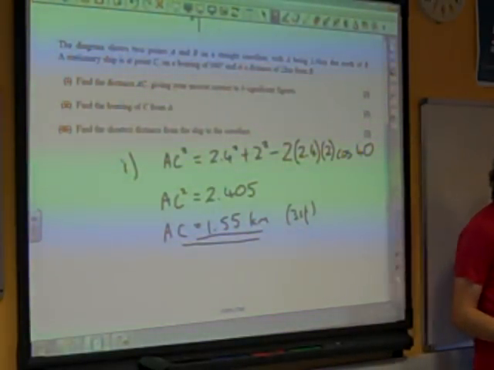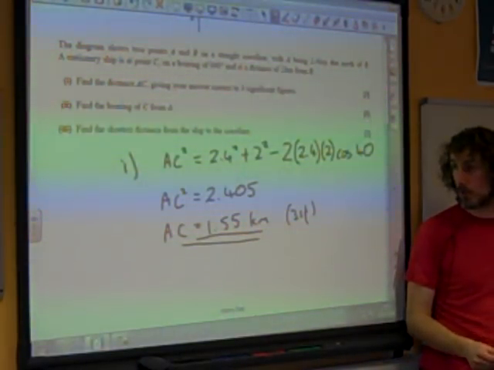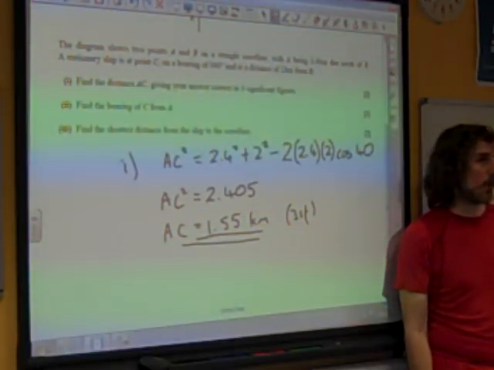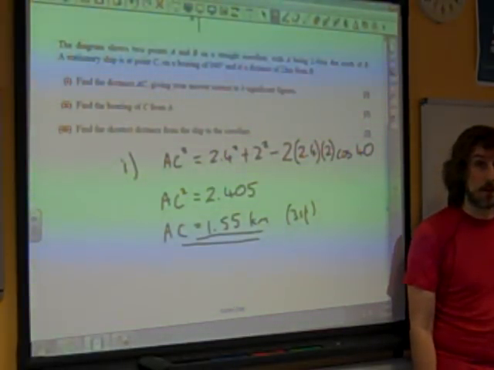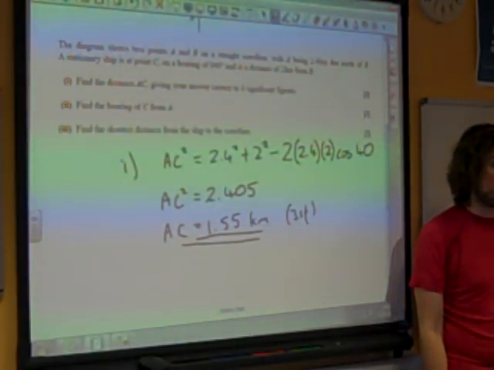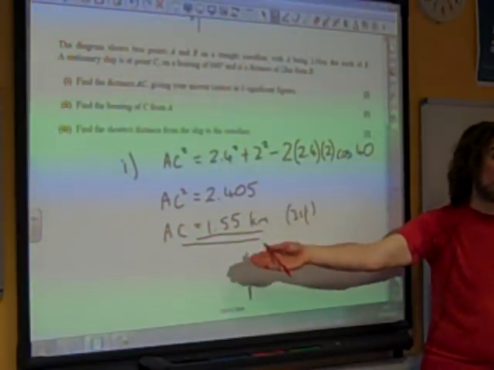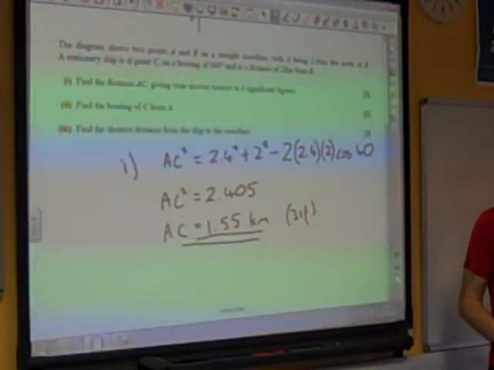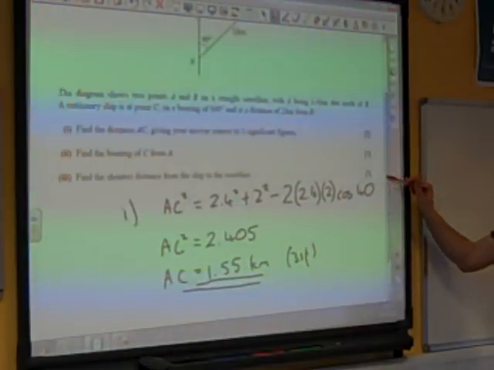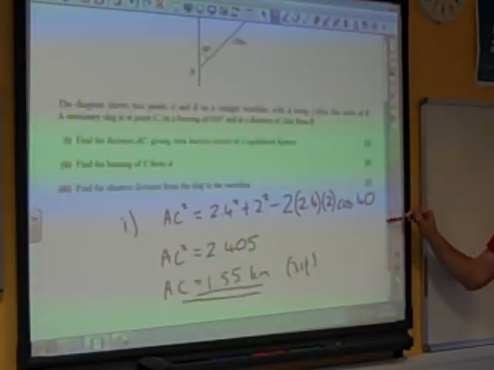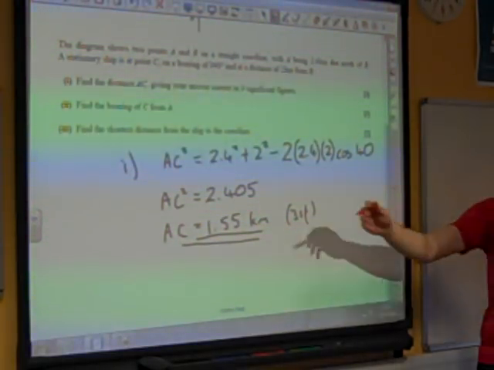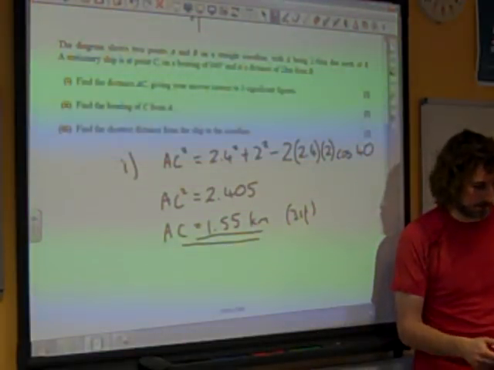Hopefully we've got it firmly drilled into us that whenever you square root, you should write plus or minus, a really common mistake in Core 1 especially. But here's the exception, because we're dealing with distances, and the distance from A to C has got to be positive. It doesn't make sense for that to be negative, so it's fine to neglect the plus or minus and go straight to the answer.